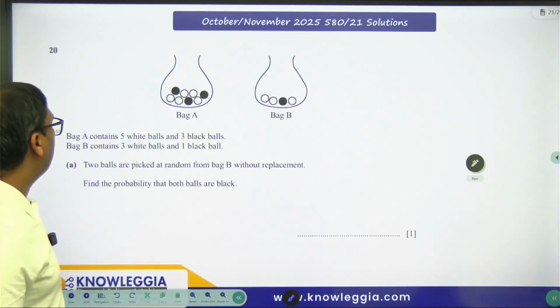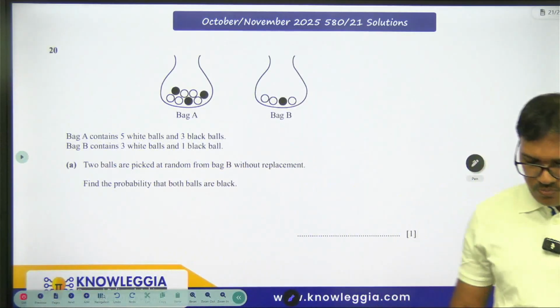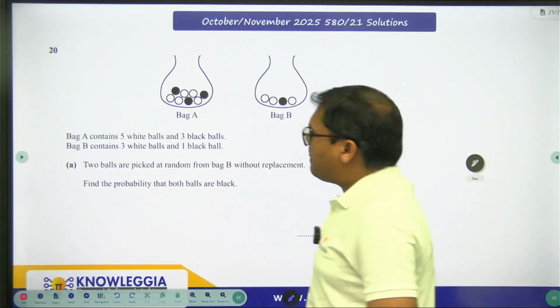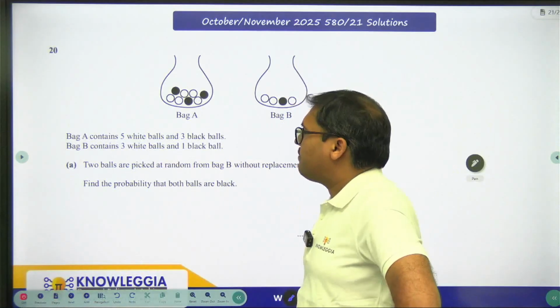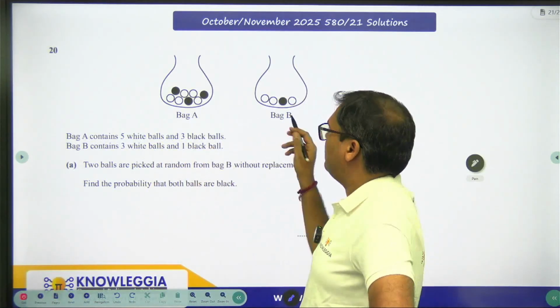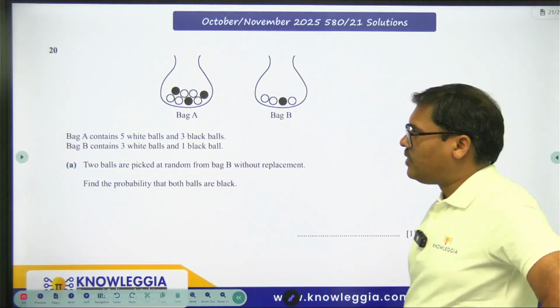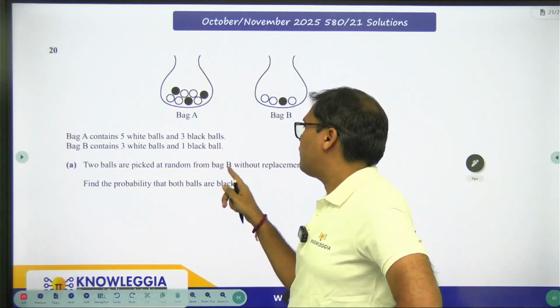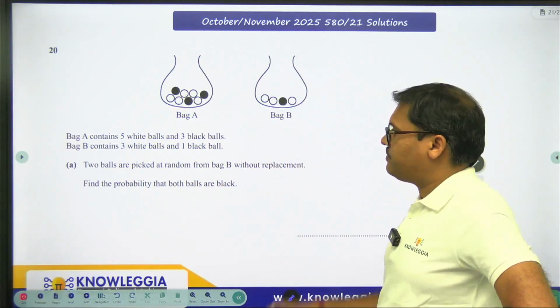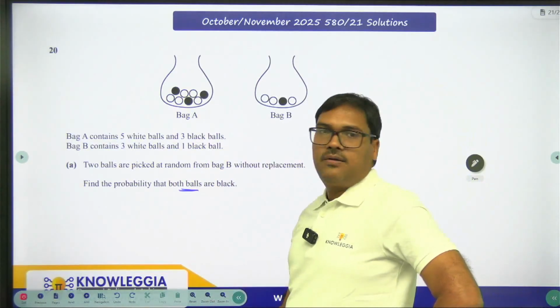Now the next question on probability. So now let's see the next question on probability. A bag contains 5 red, 5 white. You can see 5 white and 3 black. And another is 3 white and 1 black. 2 balls are picked at random from bag B without replacement. Find the probability that both are black.